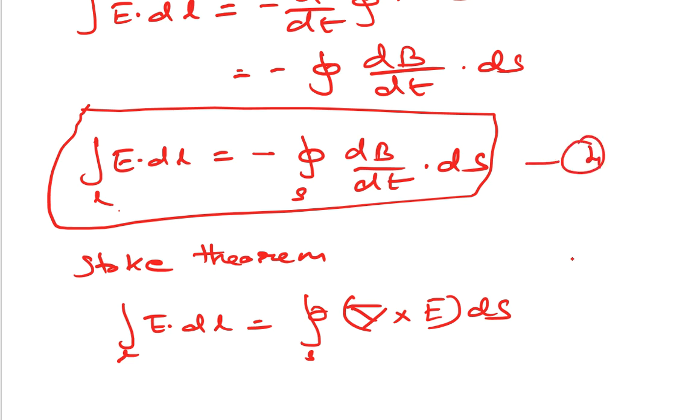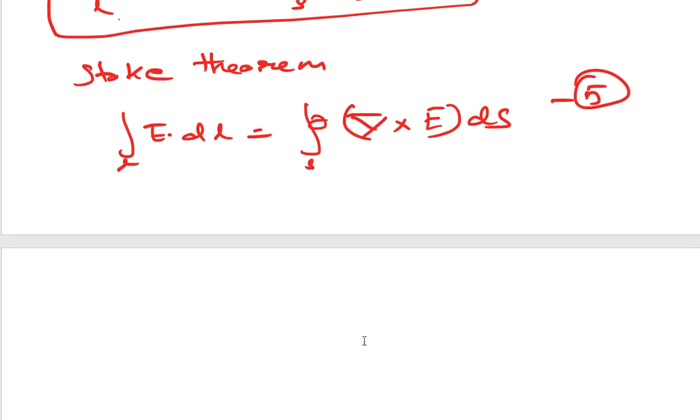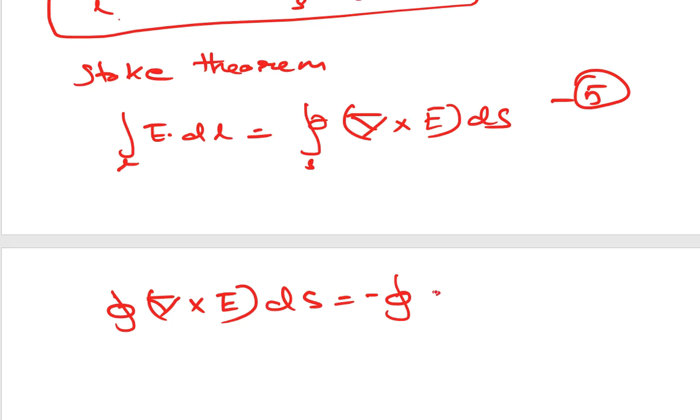So substitute this, equation 4, 5. On the left hand side, substitute equation 4, you will get surface integral of del cross E ds equal to surface integral of minus dB by dt into ds.